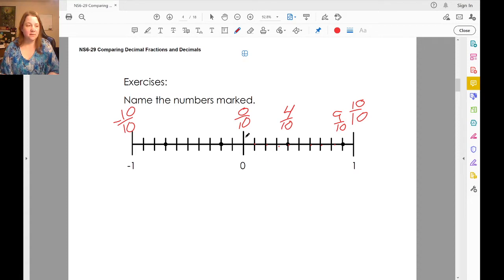If this is 0 tenths, going backwards 1, backwards 2, that'd be negative 2 tenths. And this other one is negative 7 tenths.